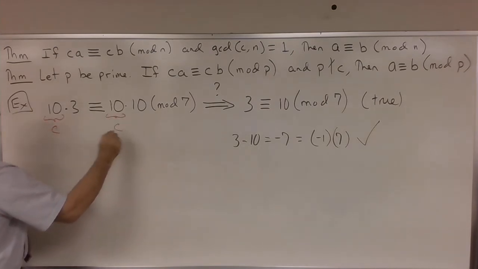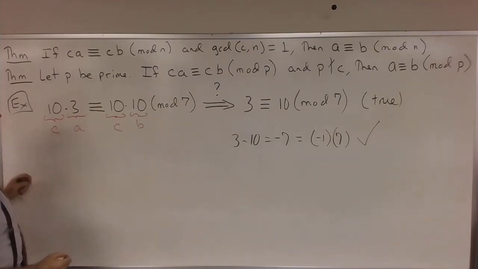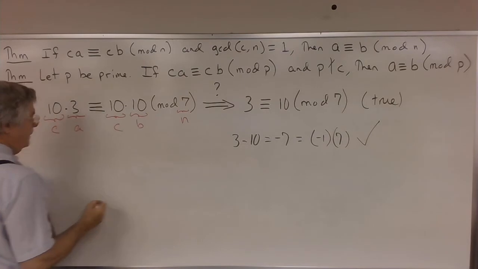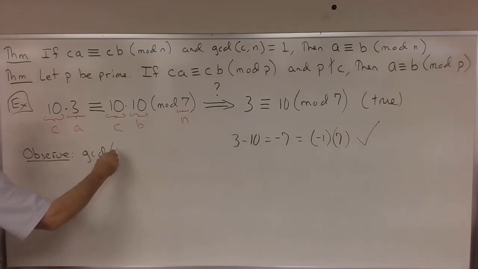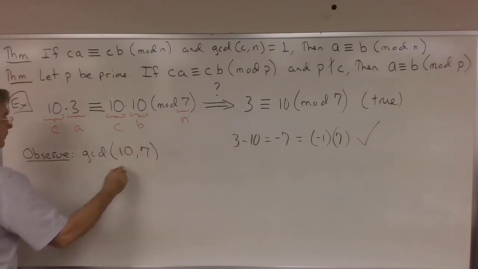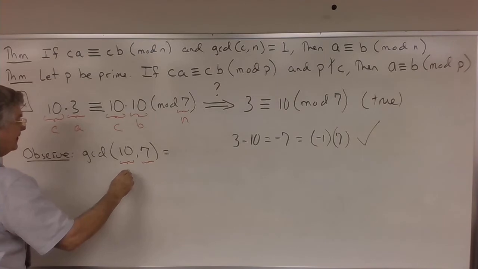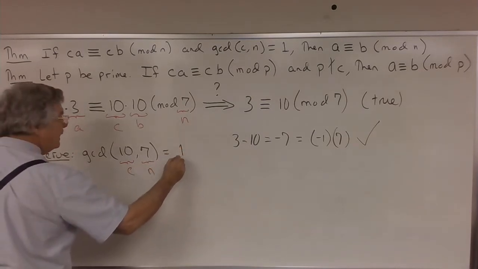Our 10 is still C, and A is 3, B is 10, and 7 is our N. The greatest common divisor of C and N, that's 10 and 7, is equal to 1. They have no common factors other than 1.